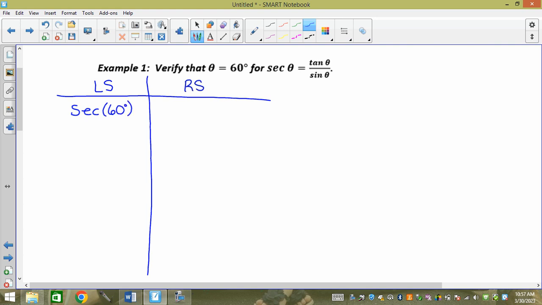And then tan of 60 degrees, divided by sine of 60 degrees. Your first step is to legitimately write it that way. So your first step is fill in the angle. Not really hard to do. People do it wrong all the time.